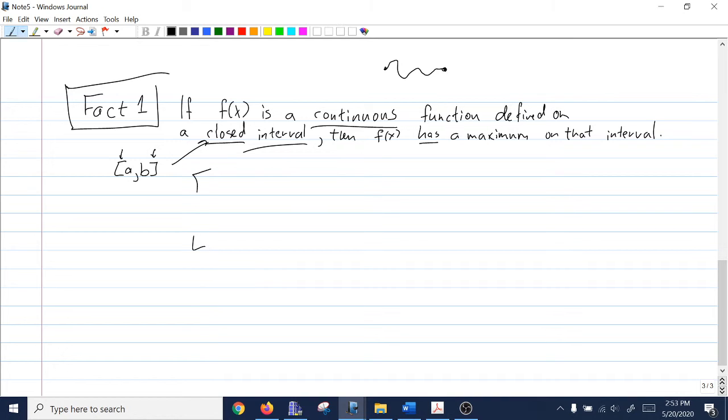And we already know it must happen at a critical point or at an endpoint of the domain.